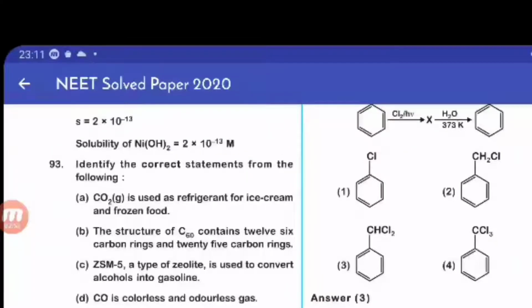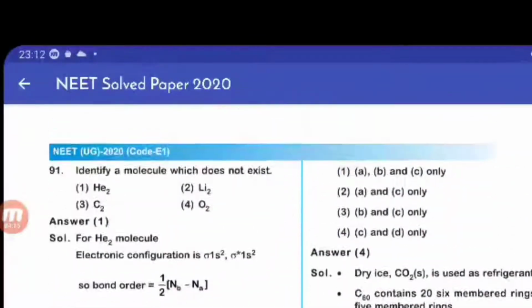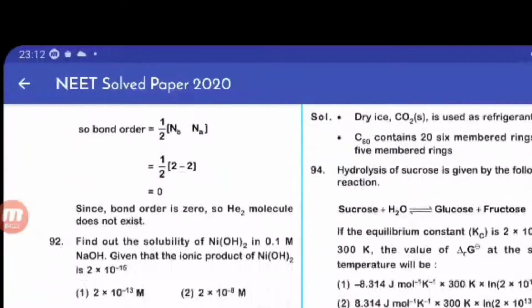C: Zeolite ZSM-5, a type of zeolite, is used to convert alcohols into gasoline. D: Carbon monoxide is colorless and odorless gas. So the options are: A, B, C, all three are correct.